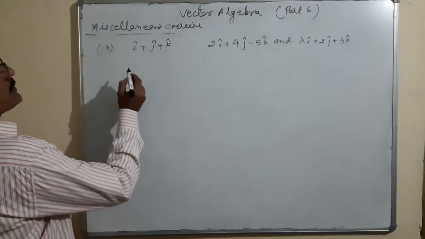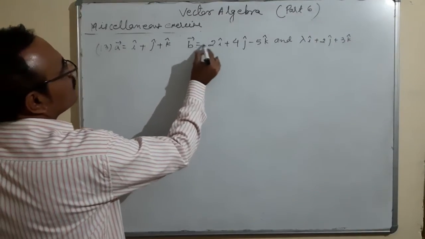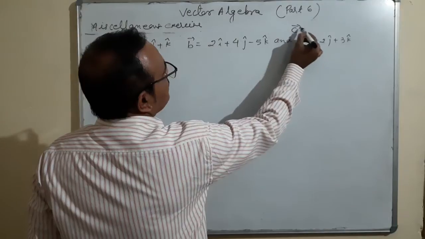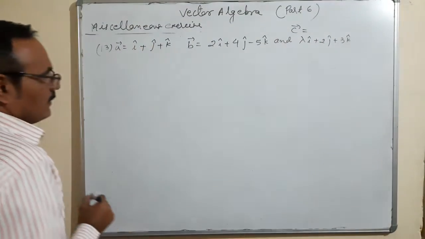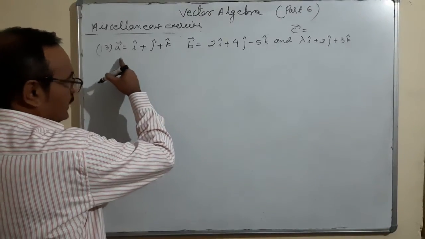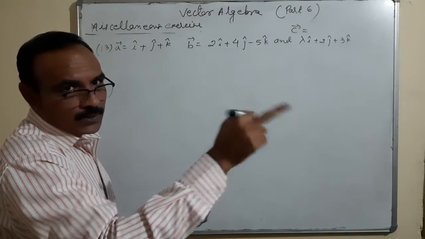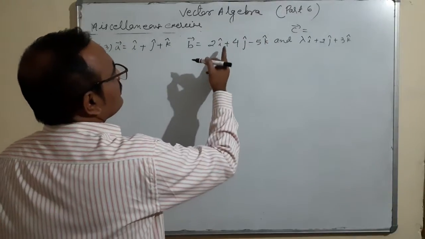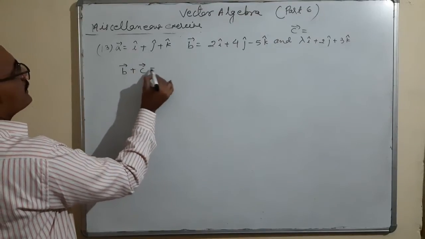Let vector A be the first, B be the second, and I have taken the last as vector C. Actually what is given in the question is vector A dot unit vector of B plus C is equal to 1. So I am finding B plus C first.